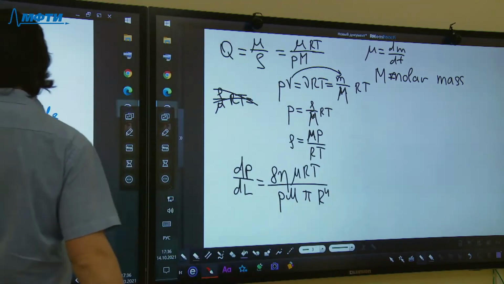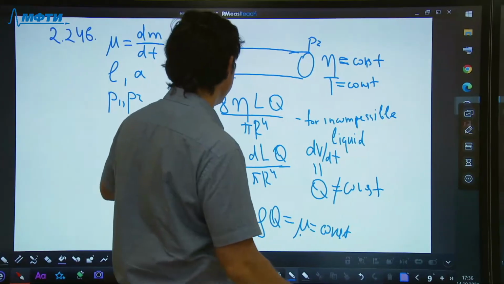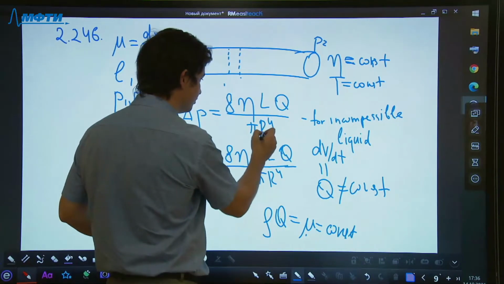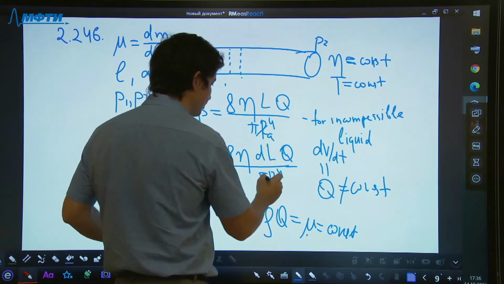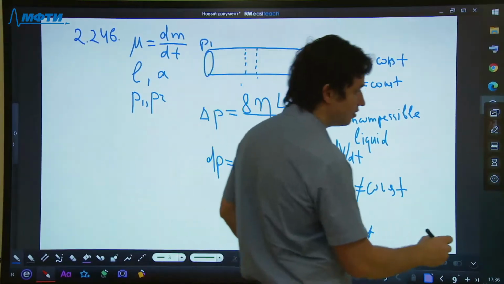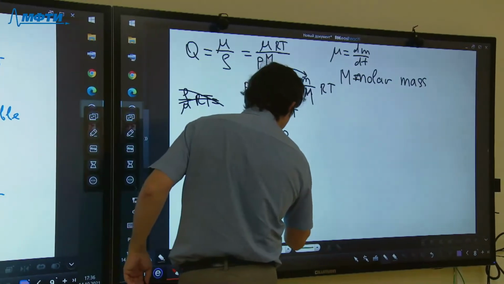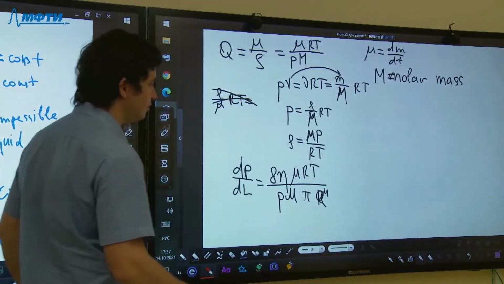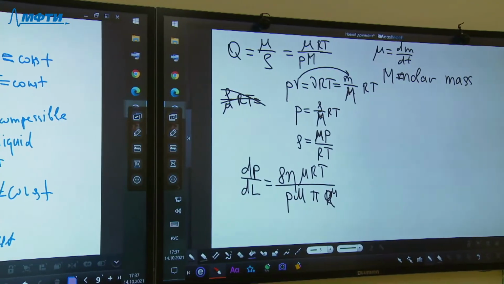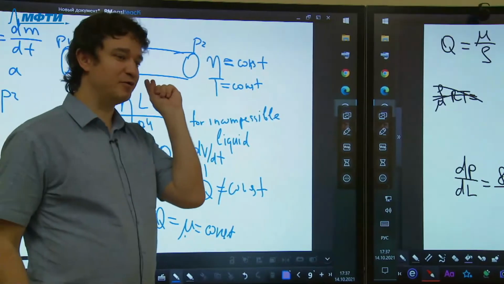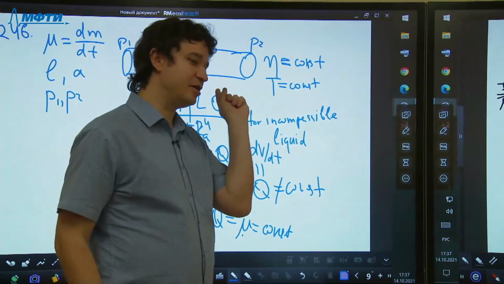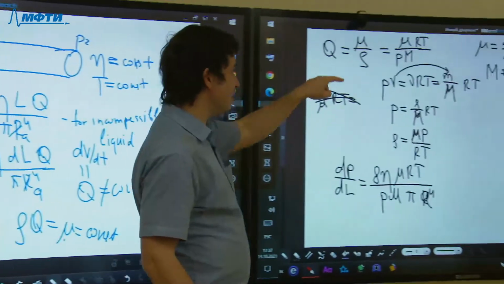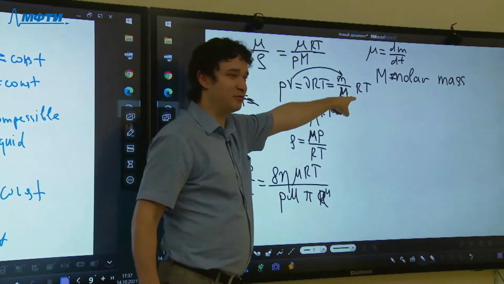Oops, and now once again, instead of r, I have a. So this is a, this is a, and here is also a. And probably the main reason why the authors have chosen a as the radius of the pipe is that r has already been taken by the universal gas constant.